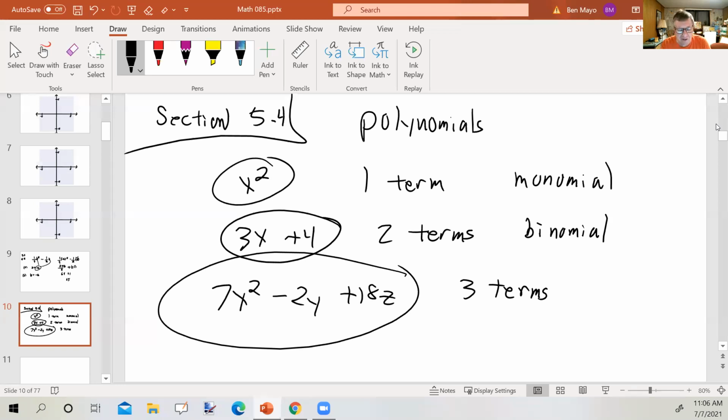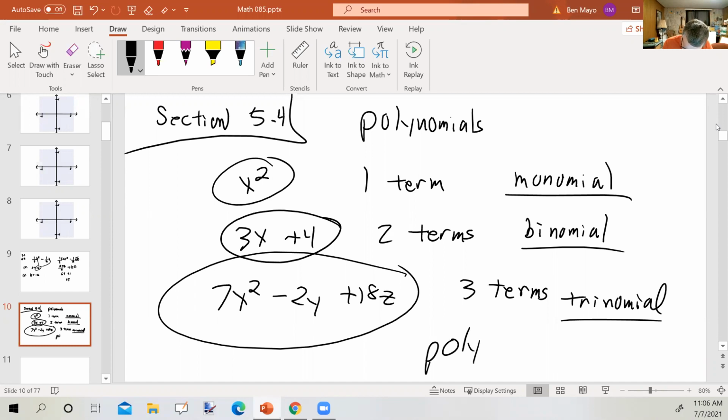A tricycle has three wheels, so three terms would be a trinomial. Monomial, binomial, trinomial: one term, two terms, three terms. Beyond that, four terms or more, we don't get into quadrinomials and quintrinomials. We don't tend to call them that. We just call them all polynomials.